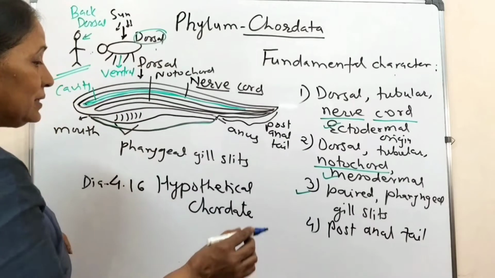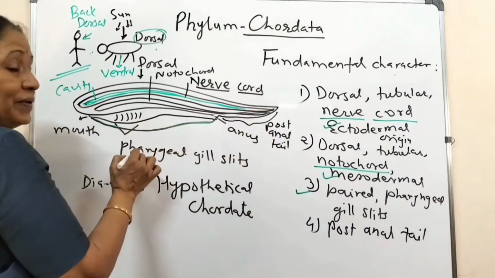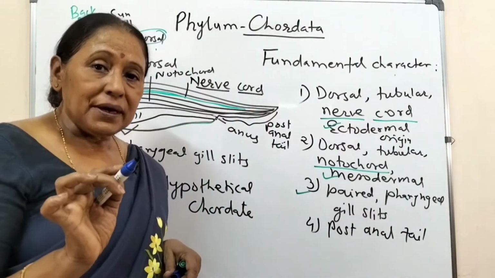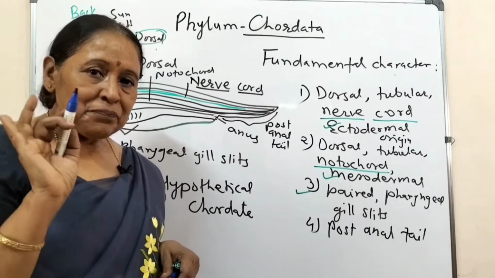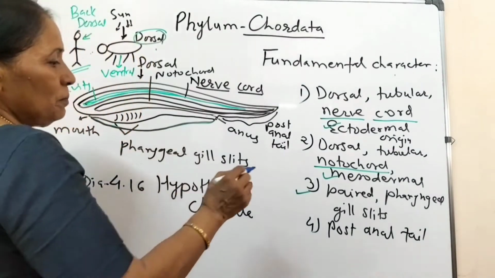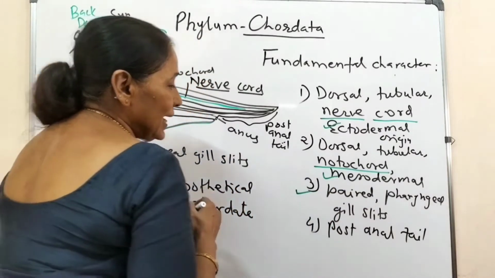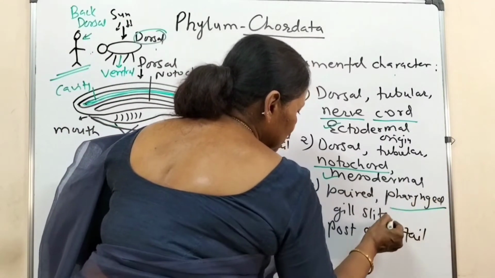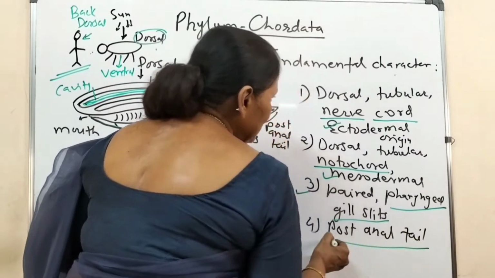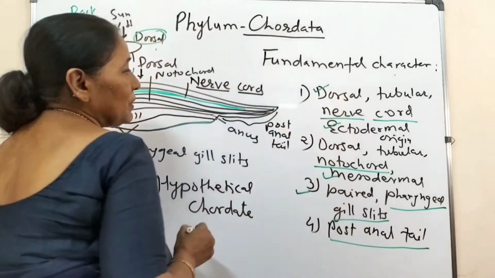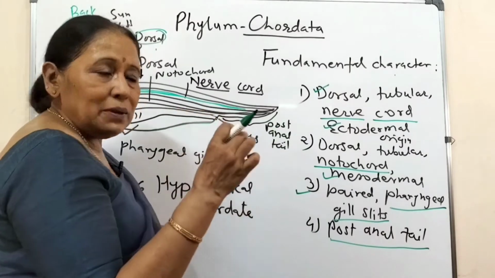Yes, in human beings also the post-anal tail and the pharyngeal gill slits are present, but only during the embryonic stage. So paired pharyngeal gill slits and the post-anal tail are present. This much clear? Dorsal, remember what is dorsal? Tubular means tube-like.